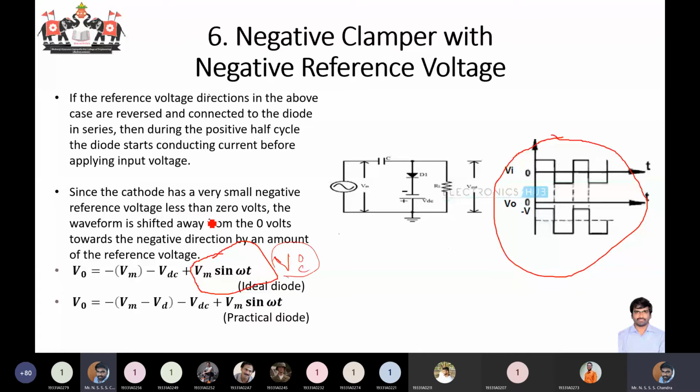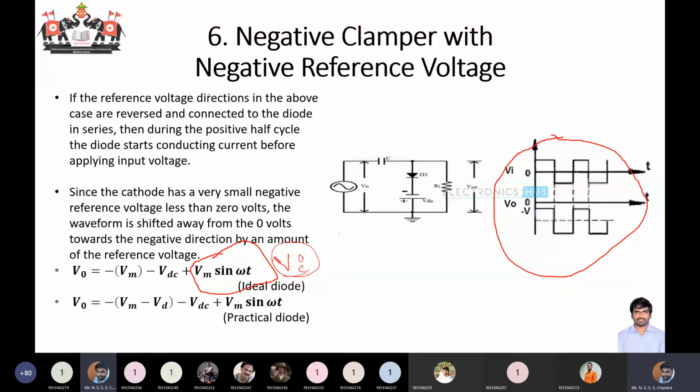If the input voltage is a rectangular wave, it will still remain a rectangular wave. If it is a trapezoidal wave, it will remain a trapezoidal wave. We are simply adding the capacitor voltage to the Vi voltage. So your overall output waveform will remain exactly identical to your input voltage waveform.